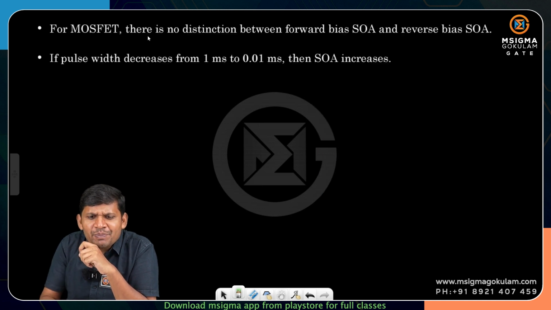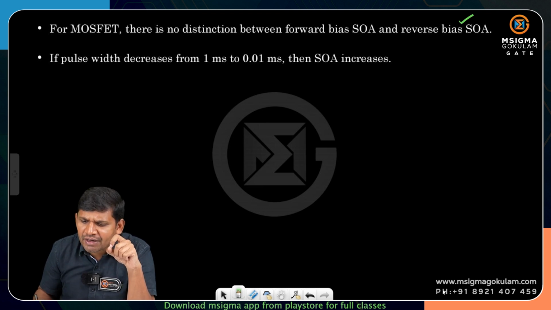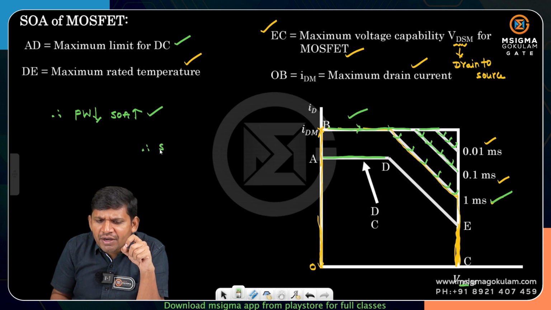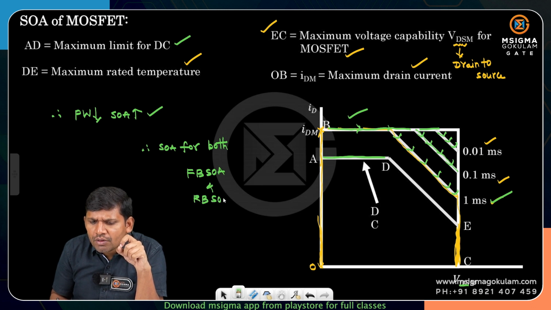For MOSFET, there is no distinction between the forward bias safe operating area and the reverse bias safe operating area. That means it is applicable for both the forward bias and reverse bias safe operating area, students.